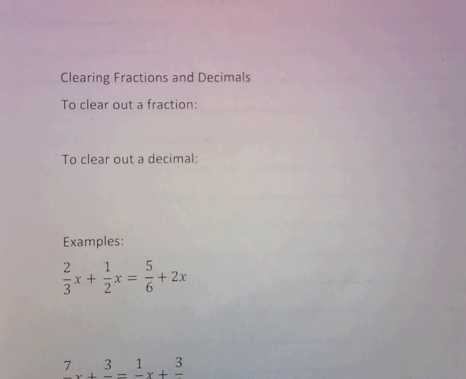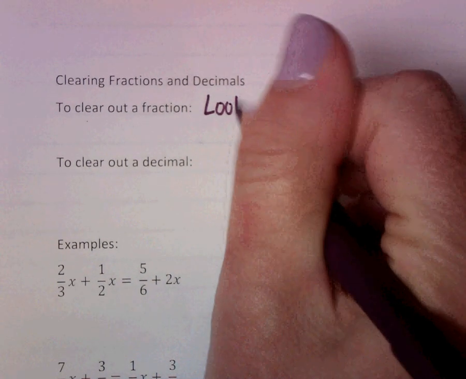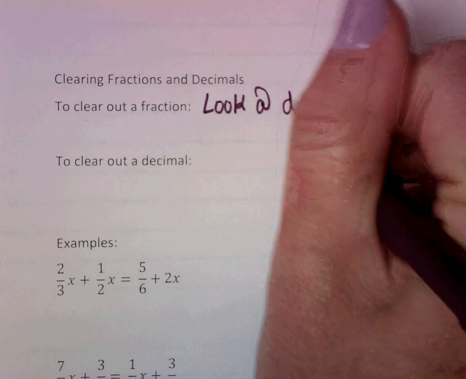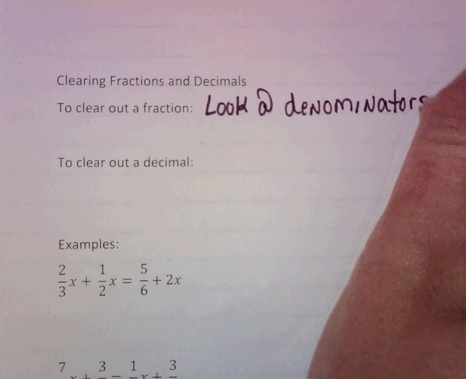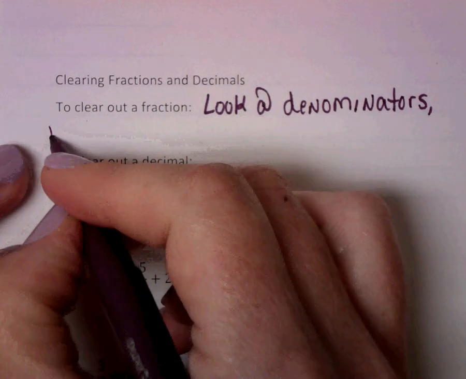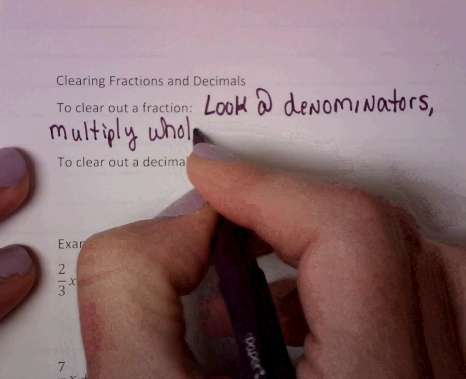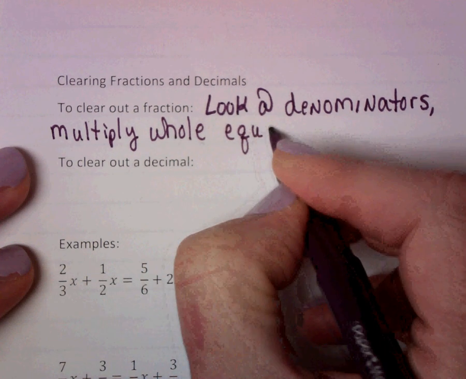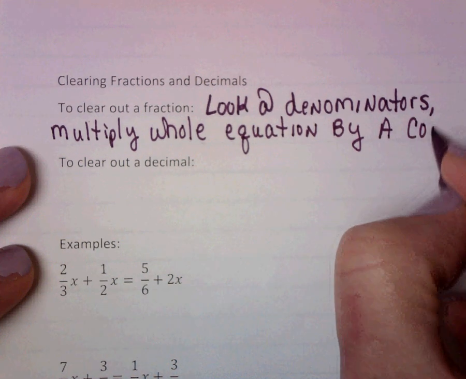So, to clear out fractions within an equation, what we want to do is look at the denominators of the fractions that we have, and we want to multiply the whole equation by a common denominator or a common multiple.